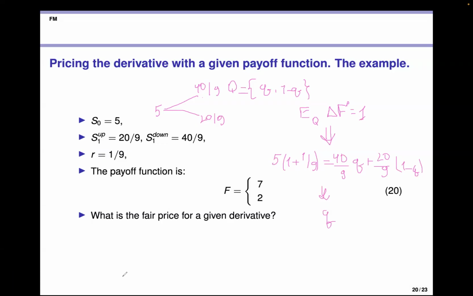But how can we find the payoff? I don't know how to denote it. Okay, see. According to the definition, it is the discounted mathematical expectation for the payoff function.